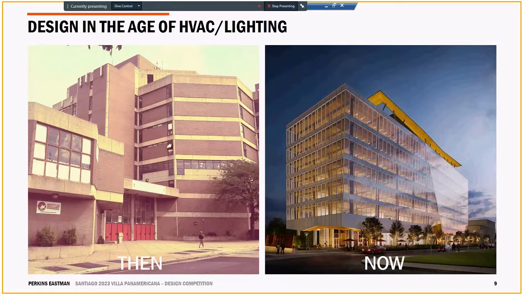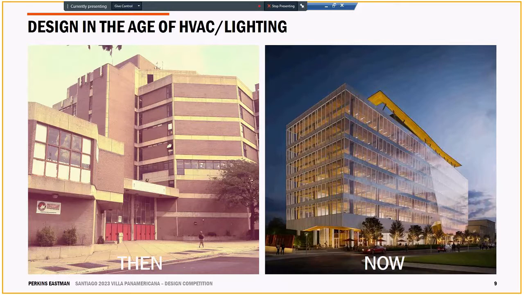Now, in vernacular architecture, when there was no HVAC or lighting, the buildings were designed to deal with the climate conditions because they had to be to create comfortable interiors. When HVAC and lighting were created and became more proficient throughout the country and throughout the world, then we were no longer reliant on exterior climate conditions to deliver comfort.